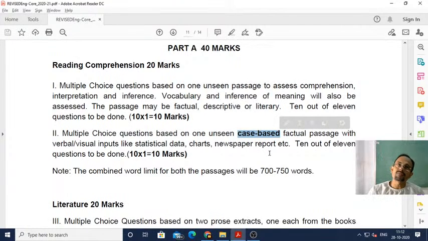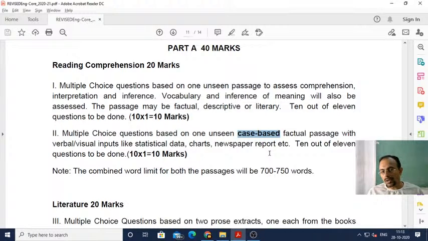Case studies means, suppose a real life incident has taken place somewhere. Based on this incident, one report will be generated, a live report on this particular incident will be given, and based on that real life incident questions will be given.